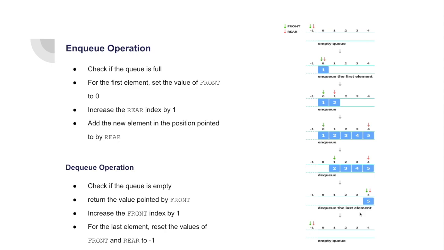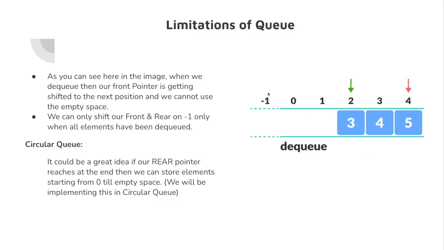Now if we dequeue the last element, then what would happen? This will just reset the position of front and rear. So right now our front and rear are at -1. So likewise, we have just followed the principles of a queue.